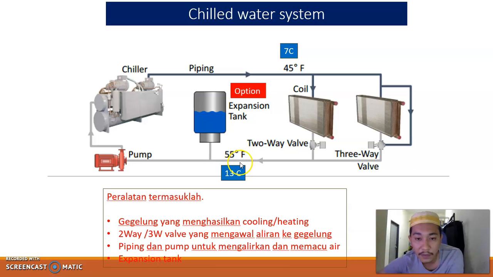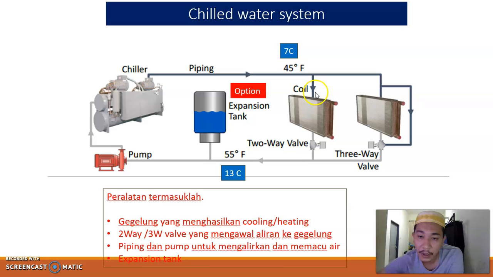So usually the chill water coming to the cooling coil is about 7 degrees Celsius, and then usually the air we get in the room is about 16 degrees Celsius, because we have the thermostat in the room. It depends on the occupant to control the temperature in their room.